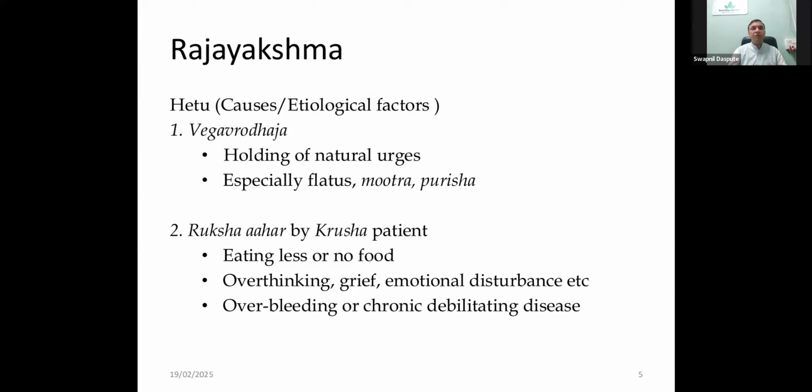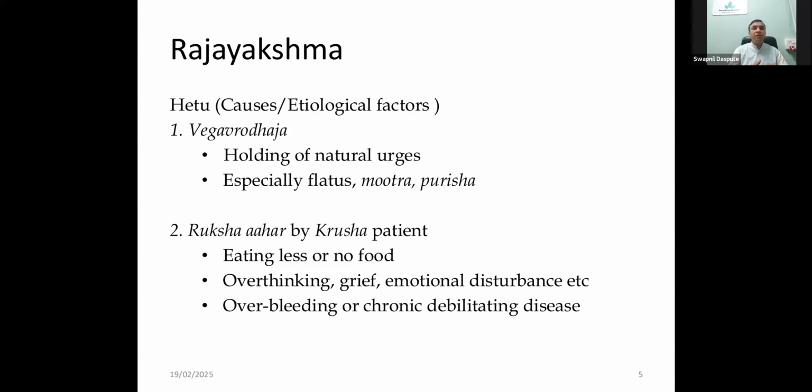Initially we are trying to ignite the Agni, the Jathar Agni, so that the action of the medicine also happens faster, and whatever is consumed gets properly digested, absorbed, and goes to the next level.